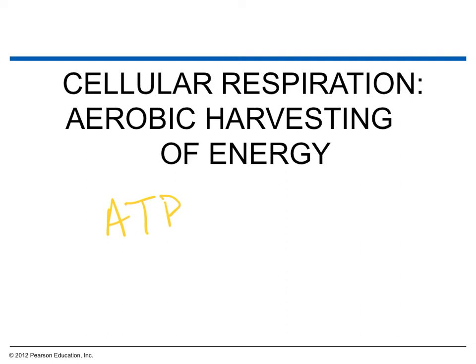So, the way in which cells are able to make ATP is not out of the blue, out of thin air, out of nothing. They're going to convert one form of energy already present into ATP. So, in cellular respiration, we take glucose, and oftentimes, in the presence of oxygen, that's what aerobic means.